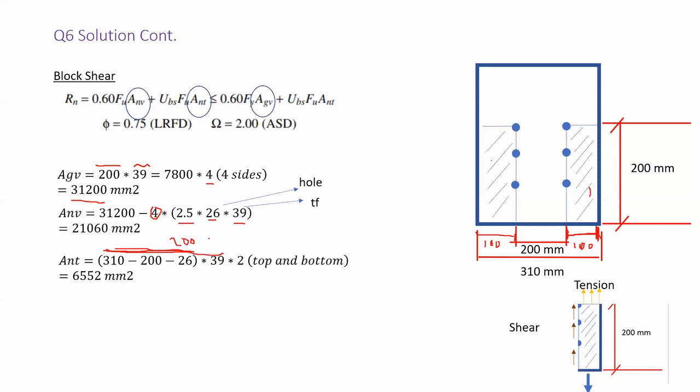So basically, I'm calculating for the top part, and the bottom part would be multiplied by 2. All right. Now, the net area in tension, if you calculate all of this, would be equal to 6,552 millimeters square.